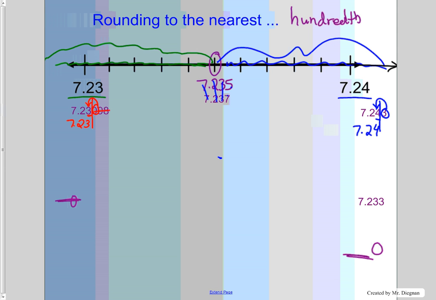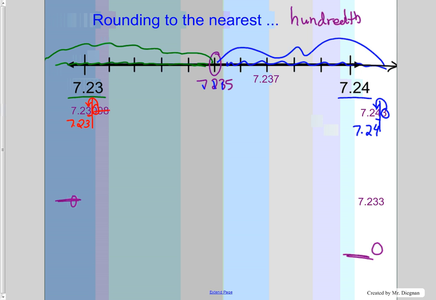Oh, 5 is less than the 7, so 7 and 237 thousandths is going to be over here. If this is 7 and 235 thousandths, this would be 236, and this one's going to be 237. It's actually going to match up right there.